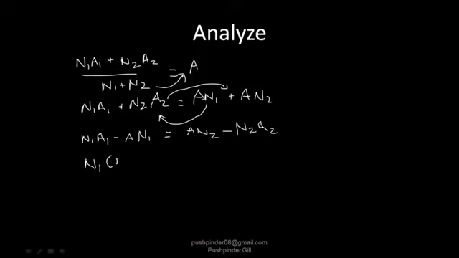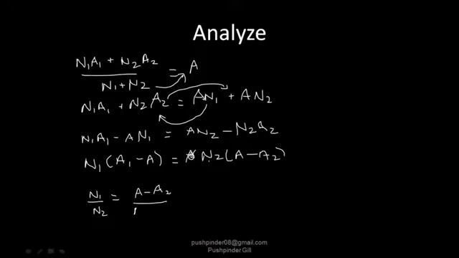So n1 times (a1 minus a) is equal to, if I take n2 common, (a minus a2). Now I'm going to bring this n2 down here. So n1 by n2 is going to be equal to (a minus a2) divided by (a1 minus a).